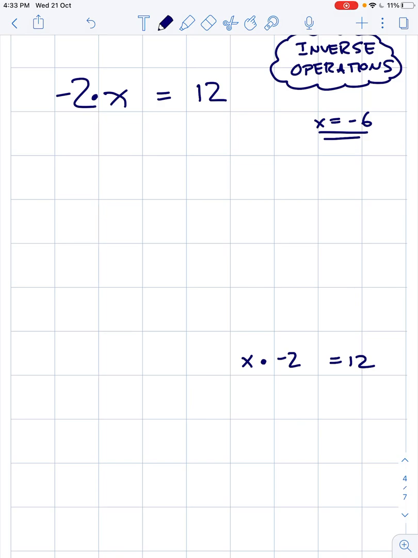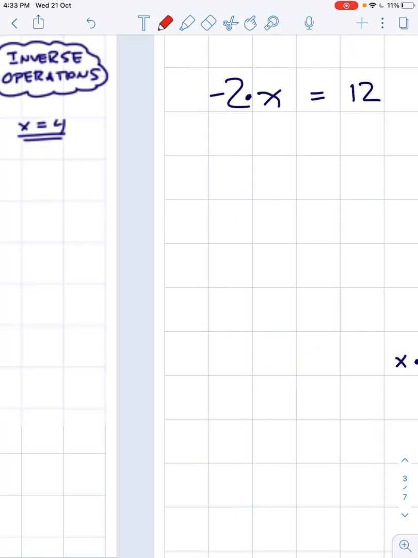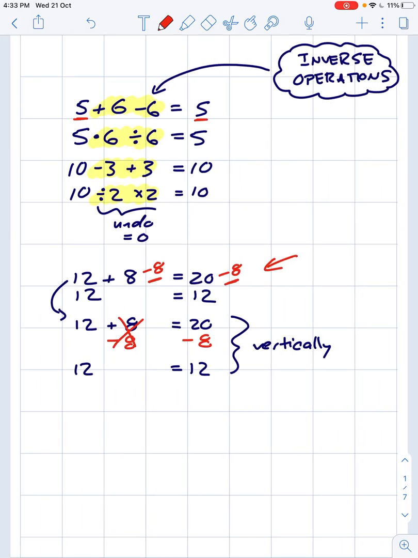Now, to undo that, I would have to divide by negative 2, and I would have to divide this side by negative 2. Okay? Let's go back a couple of slides. It's kind of like this problem right here, where we started with 5, and I'm multiplying it by a number, and then I have to divide it by the same number to get back to where I started. So let's go here.